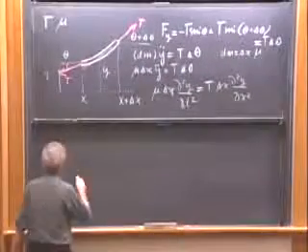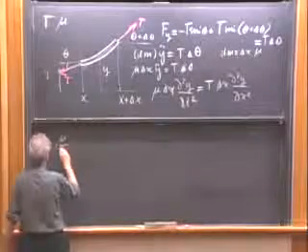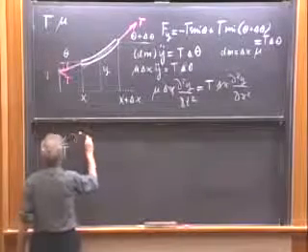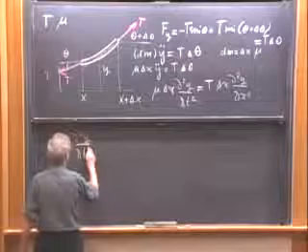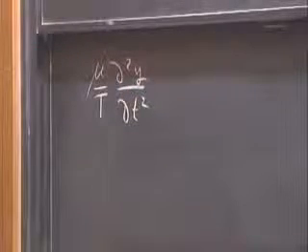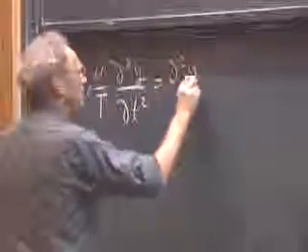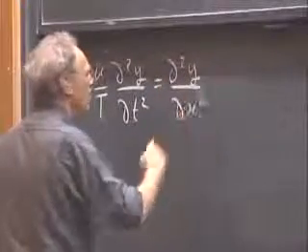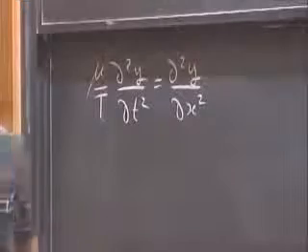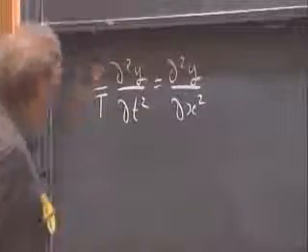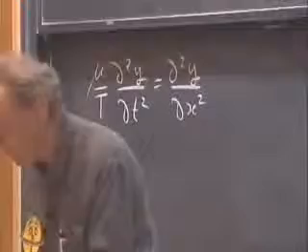So now what you have is that mu divided by t times d2y dt squared, at constant value of x, is now d2y dx squared. And believe it or not, this is a big moment in our life.